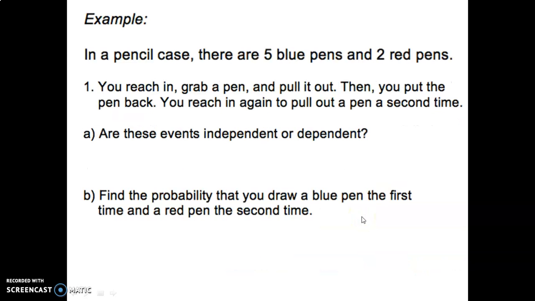Okay, looking at an example of that, please read this and answer questions A and B. All right, hopefully you noticed the key phrase here that says after you take the pen out of the pencil case, you put it back. By putting it back, you are resetting the pencil case. So now everything that happens in the future has the same probability as the first time. These are independent events.